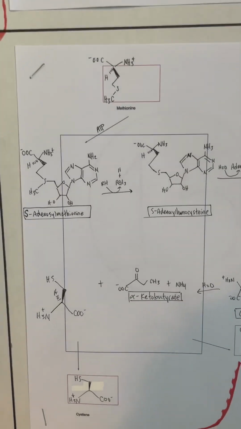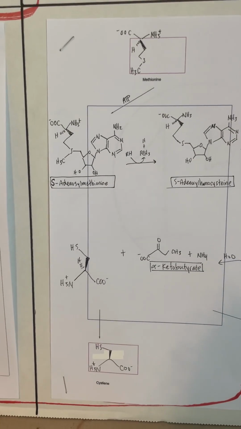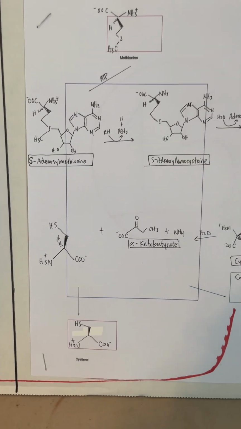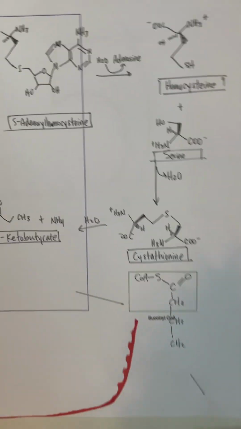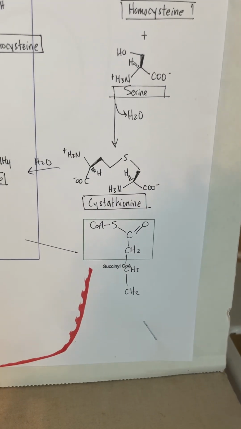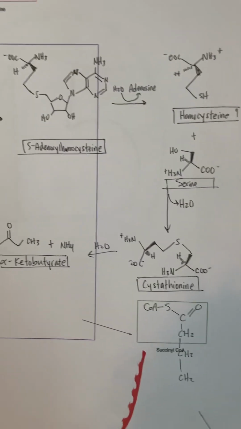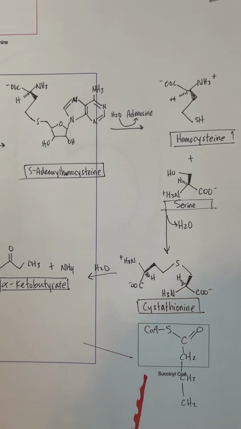Okay, and it's also important to note that the formation of methionine can be used to create our succinyl-CoA here, but it's through many intermediates and many formations here.